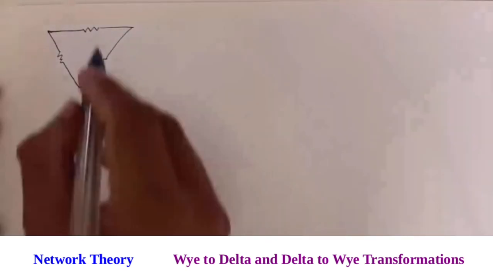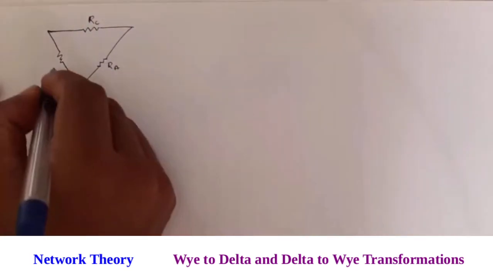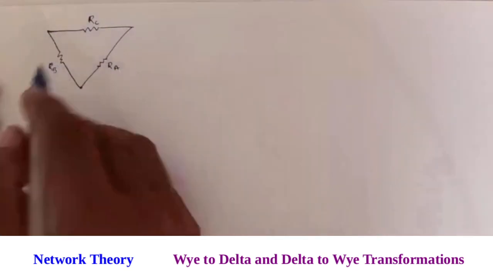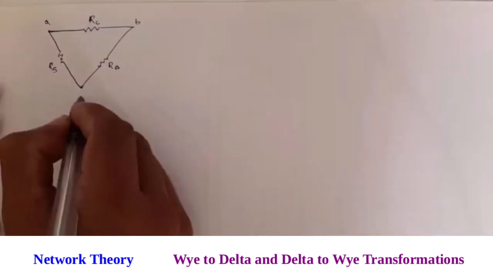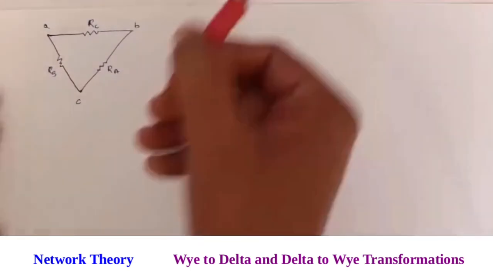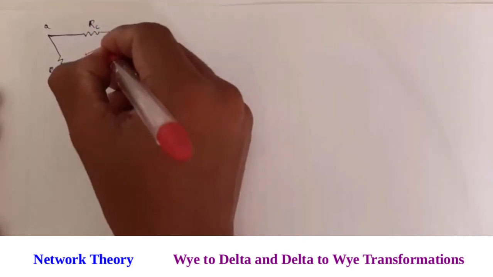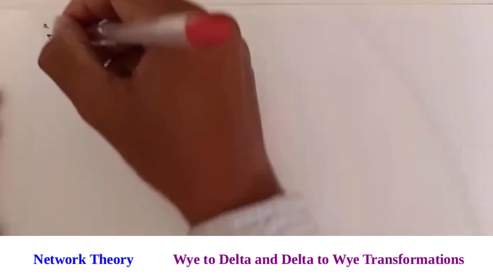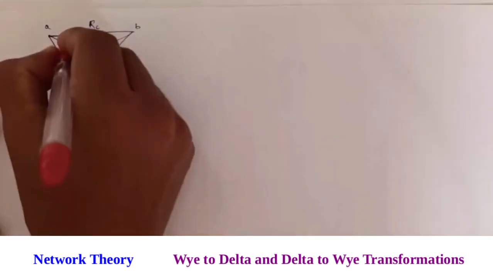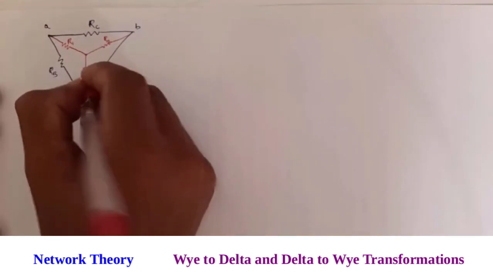This is RC, this is RA, this is RB, with terminals A, B and C. And inside this, I'm going to draw an equivalent Y network, also called a star network or T network. This resistance is R1, this is R2, and this one is R3.